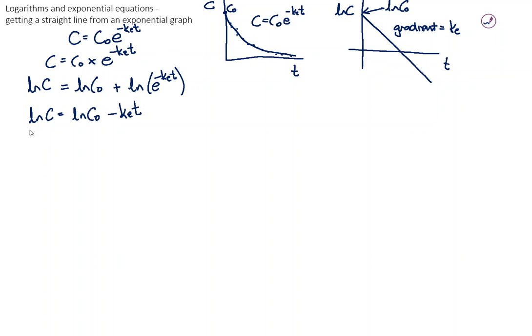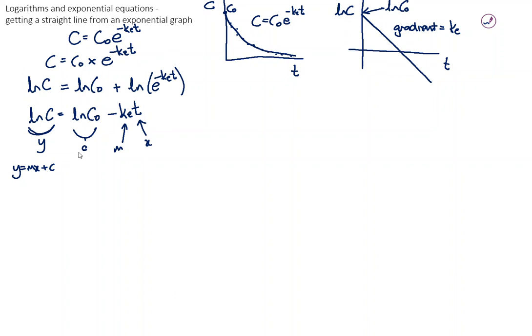So here is my y term, which I've plotted on the y-axis. This is what you might call c. If you remember your equation of a straight line, y equals mx plus c. Here I've just done it the other way around: c, then the gradient m, and that is the x value.